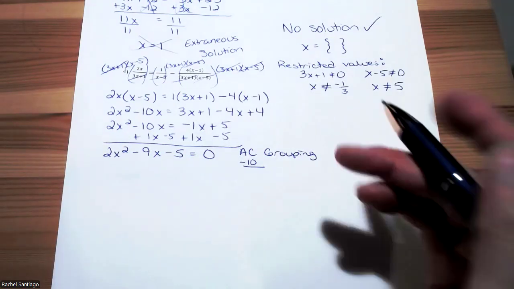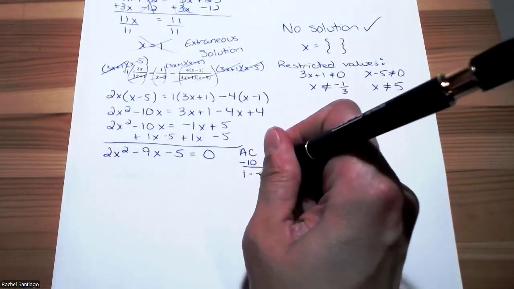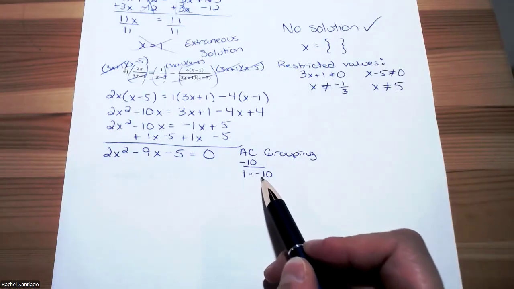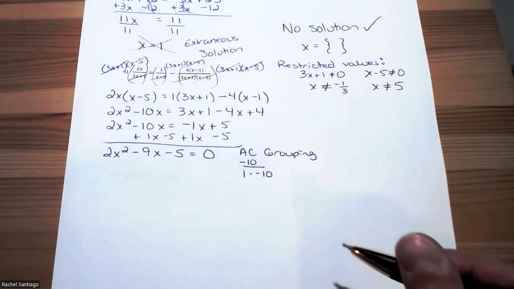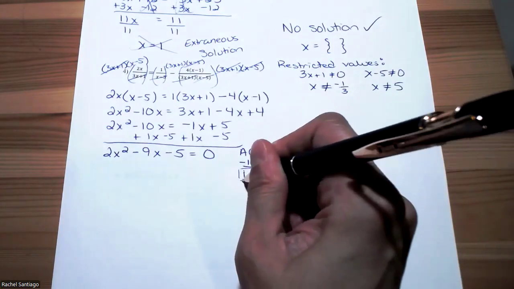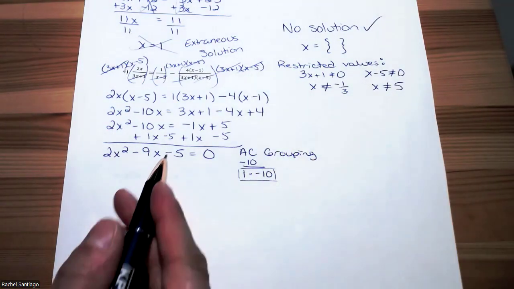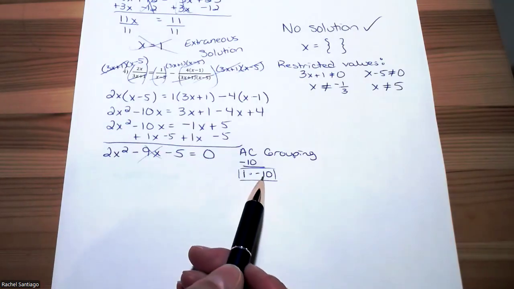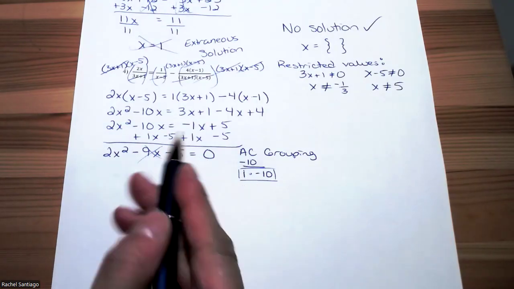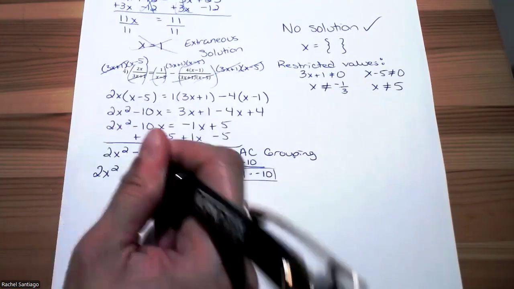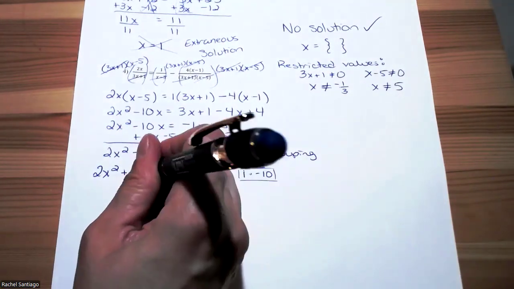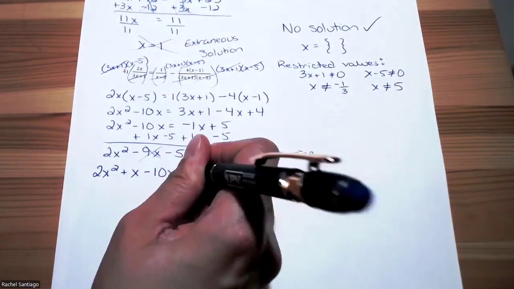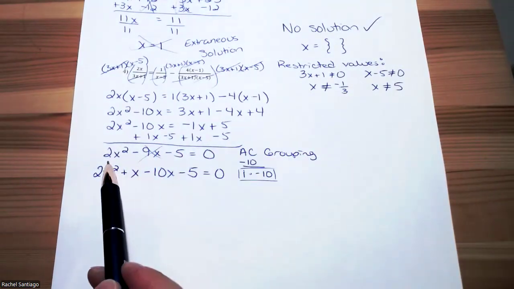Factors that give me a negative 9 have to be 1 times negative 10. 1 times a negative 10 is a negative 10. 1 minus 10 is negative 9. So that works. These are my two factors. Okay, we're going to drop this middle term and replace it with these two. So we have 2x squared plus x minus 10x minus 5 equals 0.